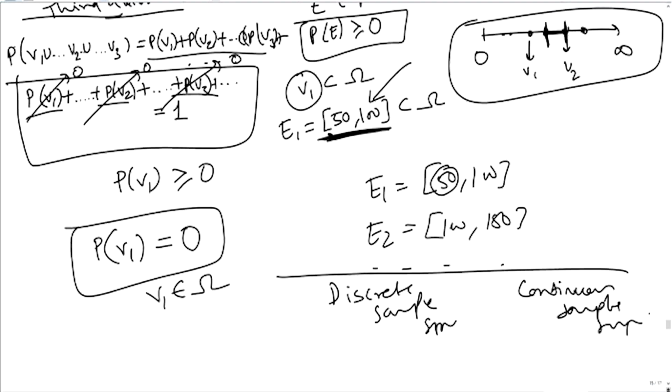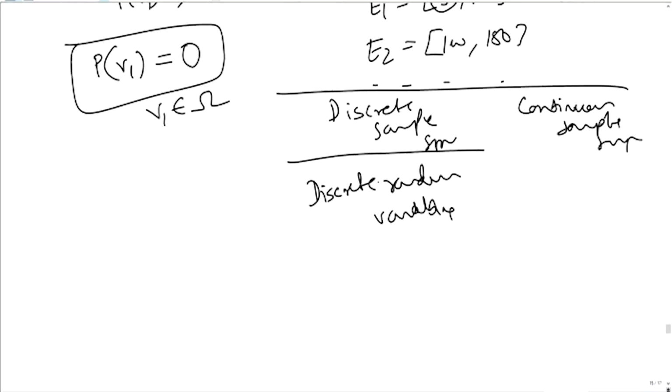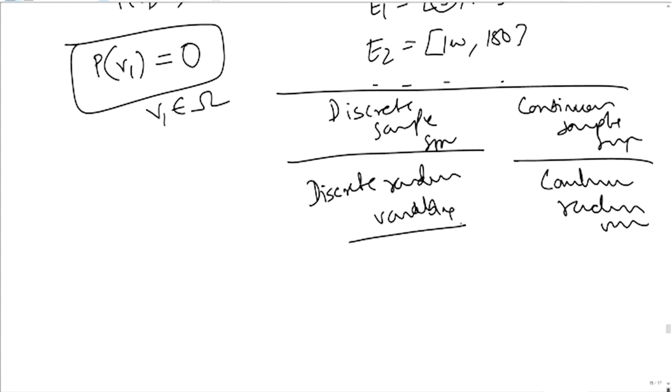The random variables that we use to define probability assigner functions on a discrete sample space are called discrete random variables. Random variables associated with a continuous sample space are called continuous random variables. Basically, you can say the random variables which have discrete values versus random variables which have continuous values.